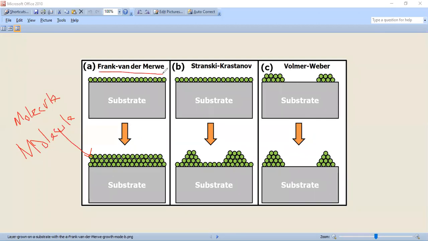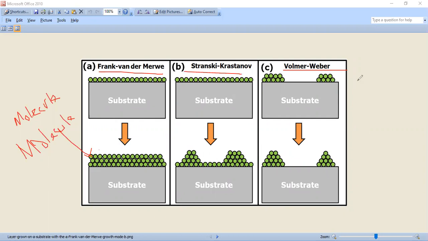These are people's names, scientists who worked in this field: Frank van der Merwe, Stranski, Krastanov, Volmer, Weber. So three types of growth. In one type of growth, molecule interaction is stronger.